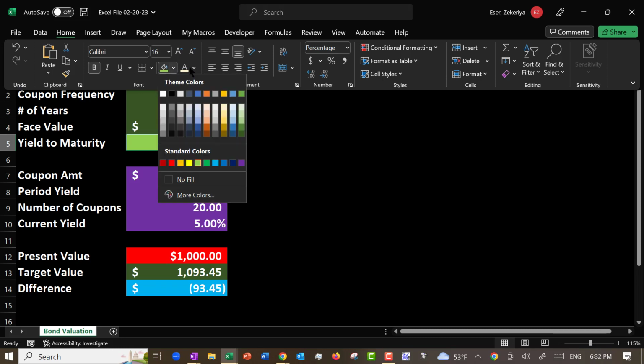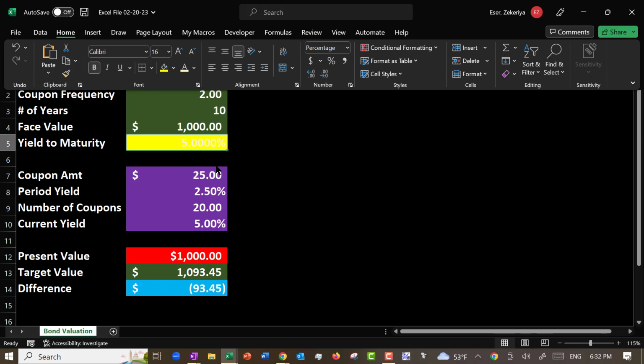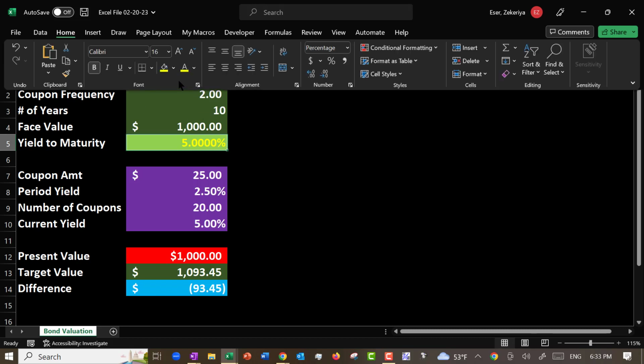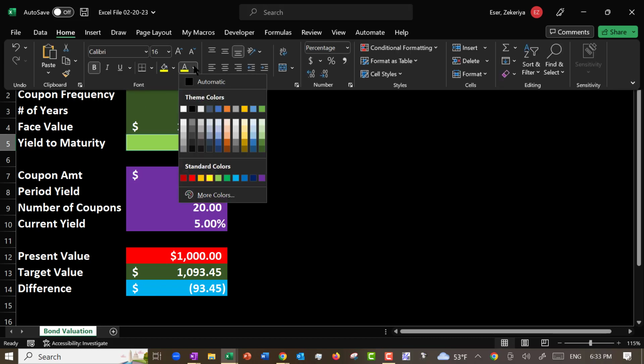I wanted this bright yellow. Okay. No, it's not visible there. That means a different color. What's easily visible on my screen and what's easily visible over there are two different things.